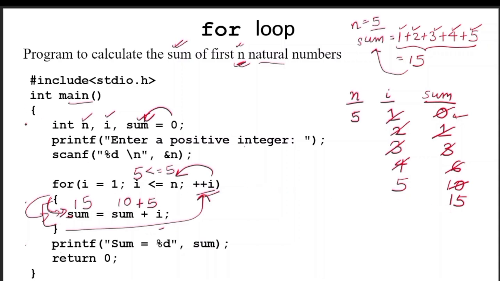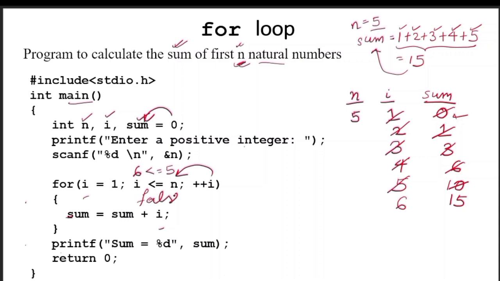Now what happens after execution of the body of the loop? We are going to increment the I, that is I plus plus. So I value is incremented to 6. Then now again we are going to check the condition. So what is the condition? I is 6. Is 6 less than or equal to 5? The condition is false. So when it is false, we come out of the loop.